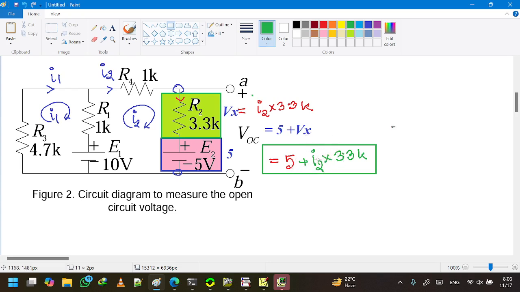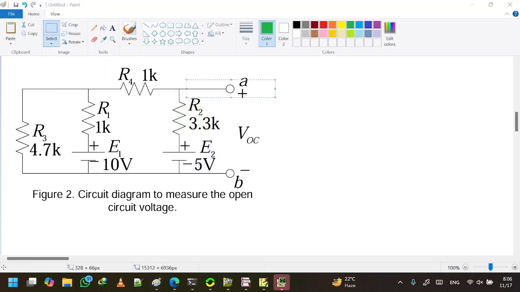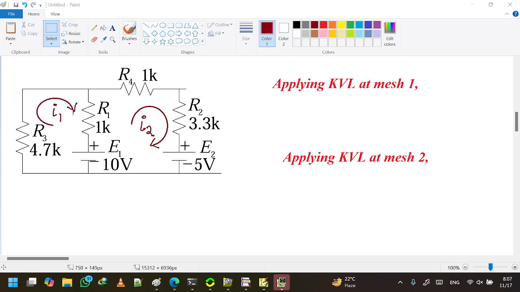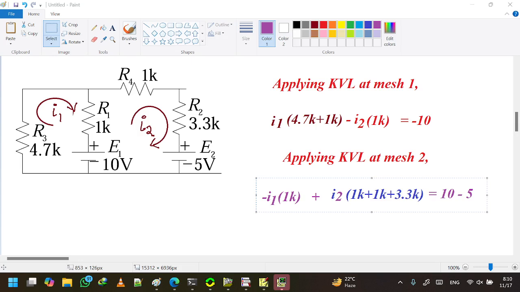To calculate this, we need to find the value of I2. Let us make a fresh version of the circuit and write down the KVL equations. This is the KVL equation for the first mesh, and this is the KVL equation for the second.